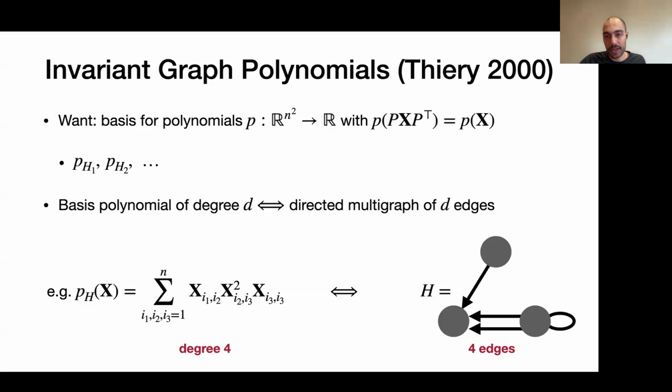Here, a multigraph means you can have multiple edges going between nodes. So any possible polynomial you'd want to write in this basis can be attached to a graph. And if you can understand how to take this graph and construct the function, then by just enumerating all possible multigraphs, we have a complete understanding of what the equivariant and invariant functions are.